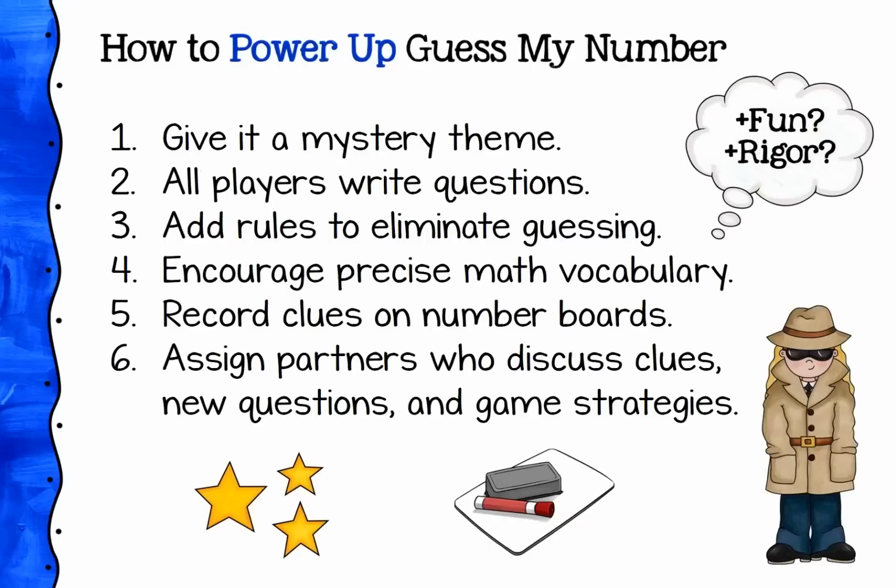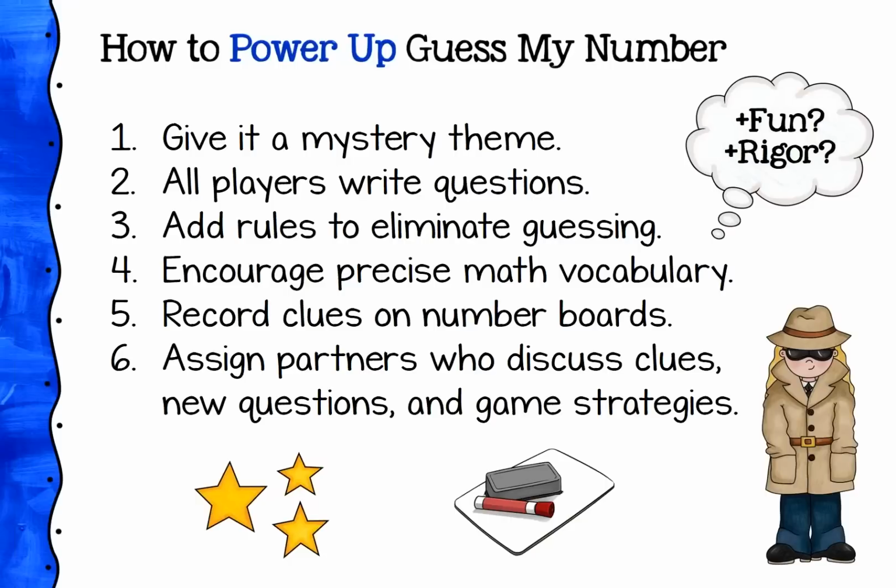I just want to put these in front of you one more time about how to power up this game. It's not just all about Guess My Number and powering it up. It's these strategies I want you to think about: how could you apply them to other activities that you do in math or in other subject areas? Giving something a theme is going to make it more powerful. Having kids write things down.